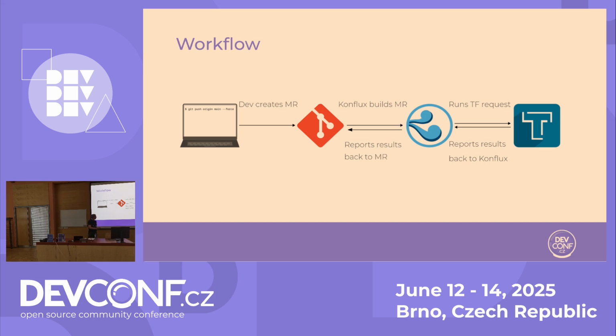This pipeline runs a Testing Farm request, Testing Farm spins up a fresh virtual machine for you, maybe not virtual, and runs all the tests in the repository and reports results back to Konflux. And Konflux reports results back to the merge request.